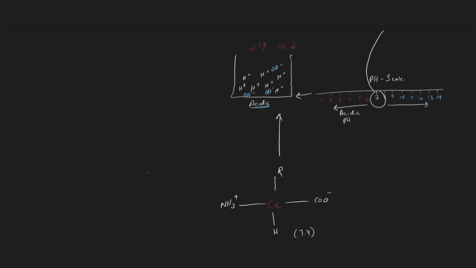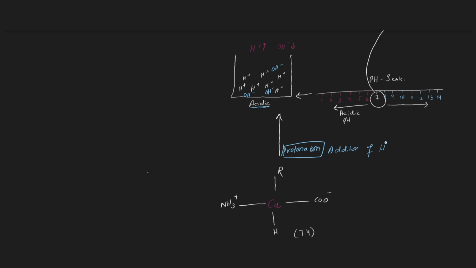Now what is going to happen with this particular amino acid? This amino acid will undergo a particular condition that is called protonation. So what is protonation? Protonation is the addition of protons, meaning hydrogen ions.